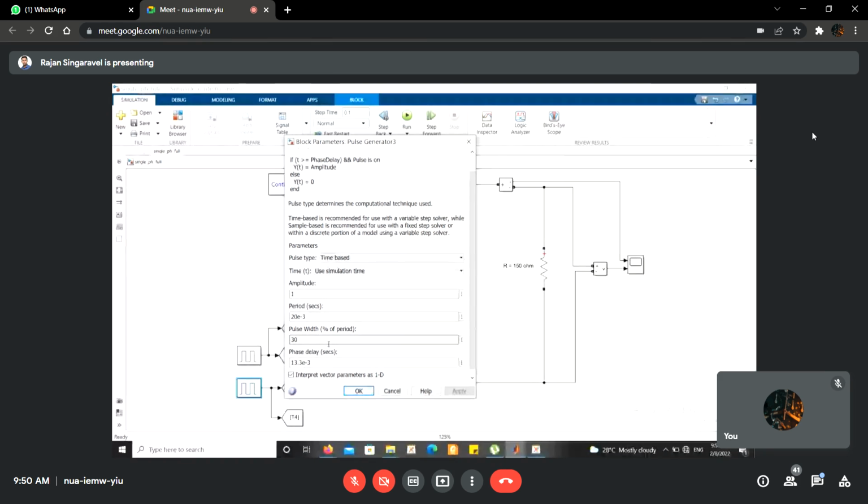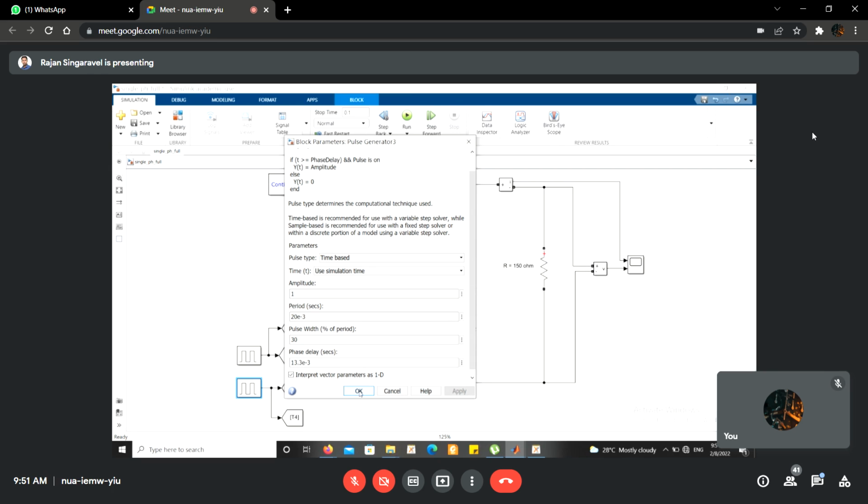The first set of pulses has alpha of 3.3 milliseconds, and this set is 180 degrees shifted, so 10 milliseconds should be added to the previous one. So 13.3 milliseconds is the phase delay, because the phase delay is always calculated from the same origin. We are not detecting any zero crossing here, nothing like that.